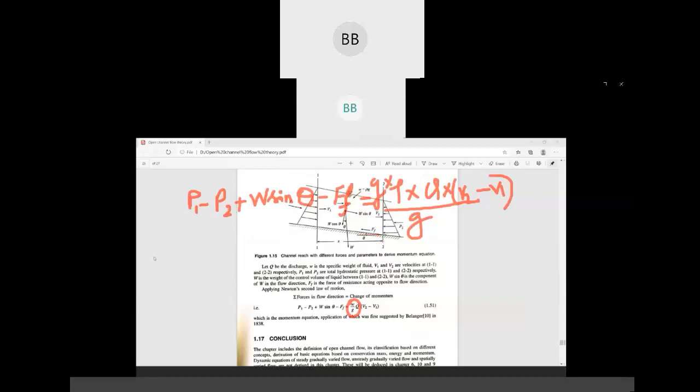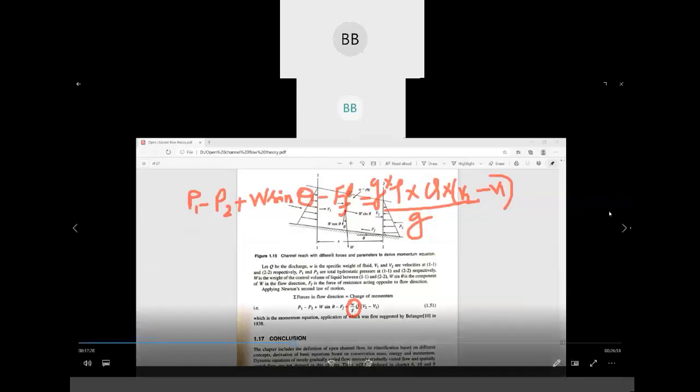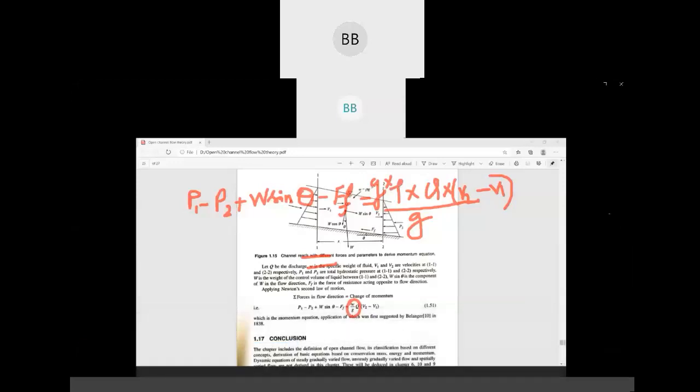Then, on the right hand side, rho into g is nothing but your specific weight, divided by acceleration due to gravity, multiplied by Q, that is discharge. Then at last you have v2 minus v1.